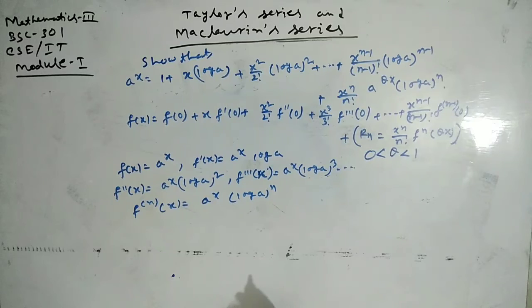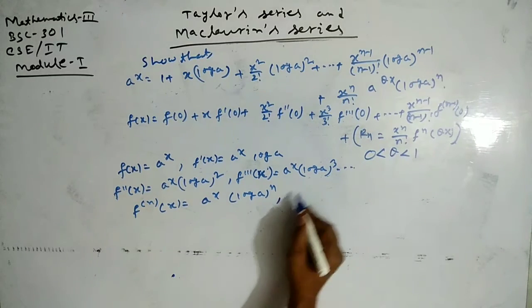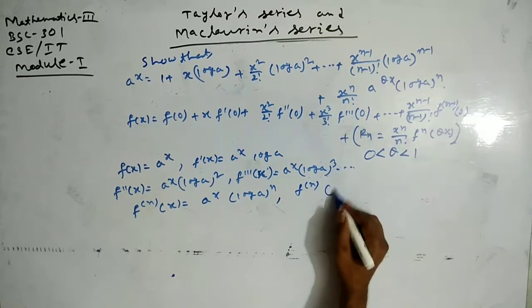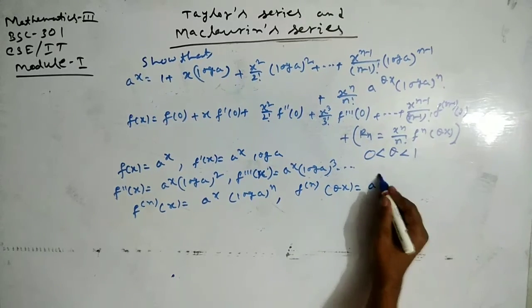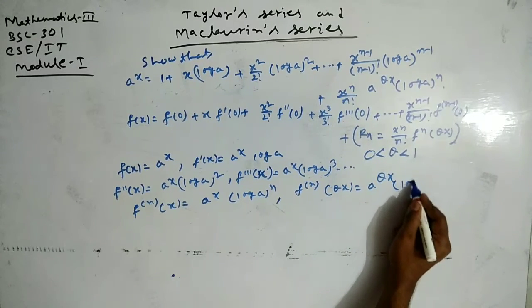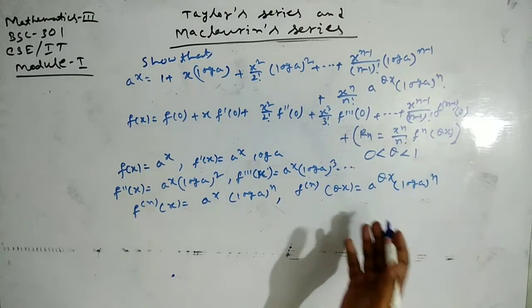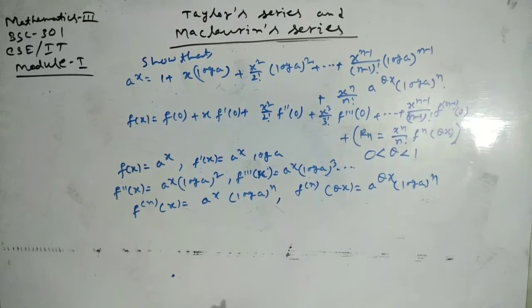Okay. Now what will be f^n(theta x)? f^n(theta x) will be a to the power theta x log a whole to the power n. We have just put theta x in place of x.